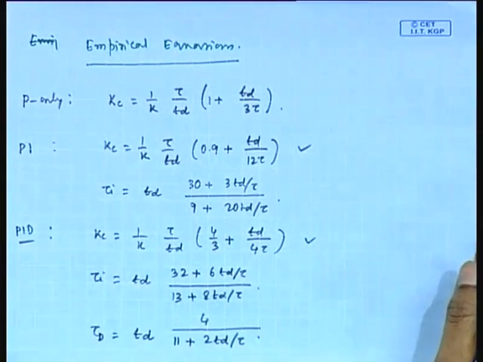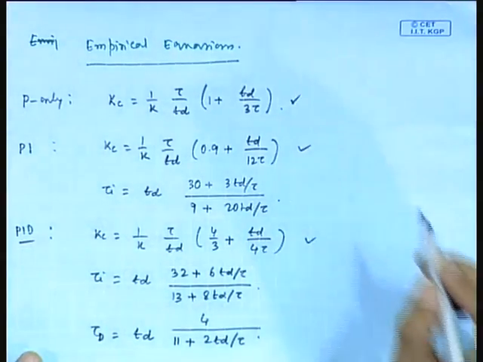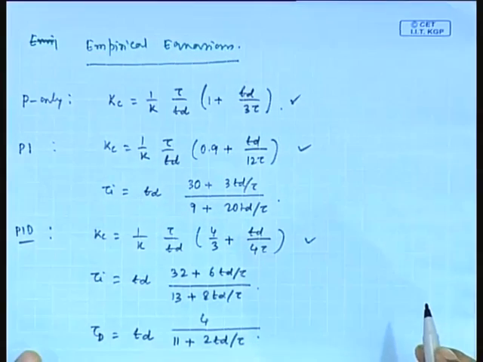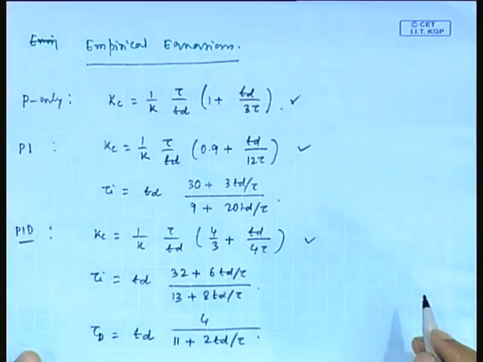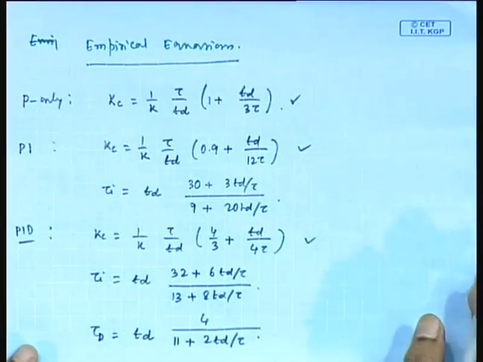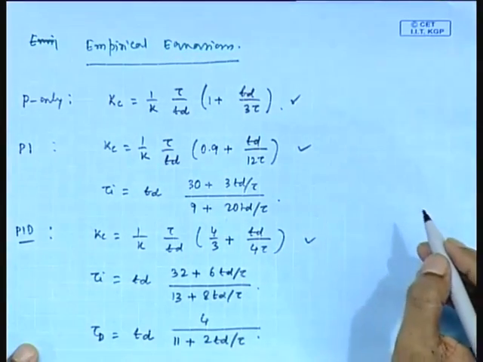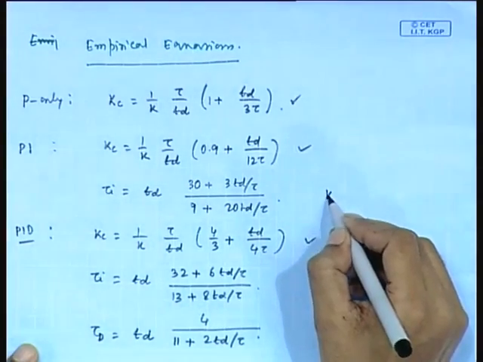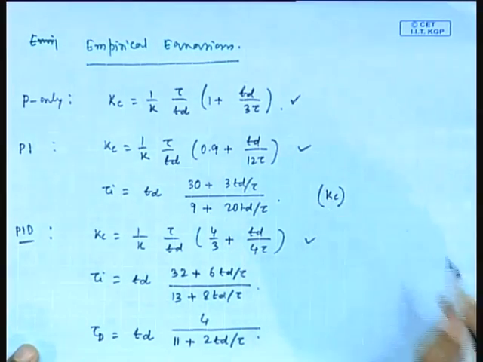Now, if you compare the three equations for P, PI and PID, three Kc expressions, which one is the largest? I mean, which Kc is largest? Kc for P, PI or PID?